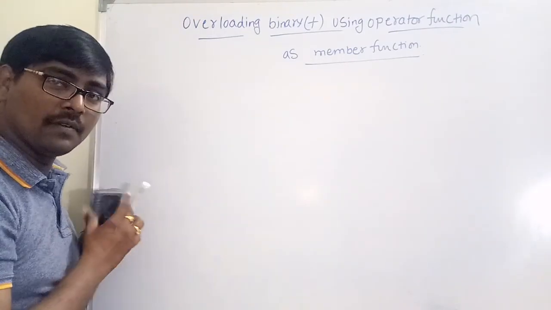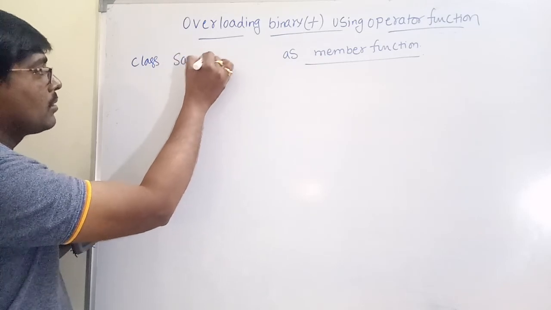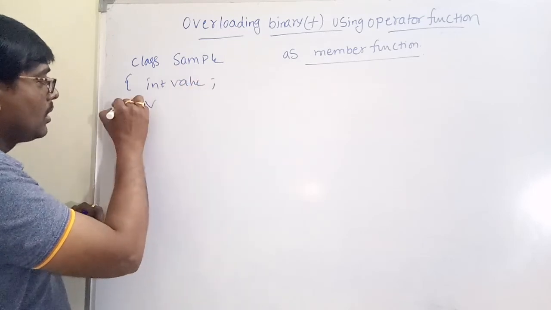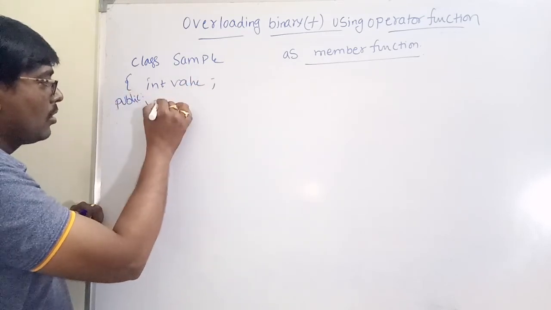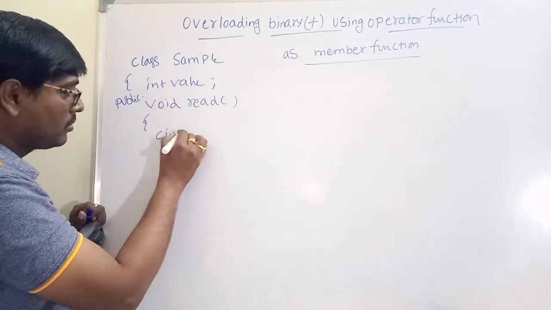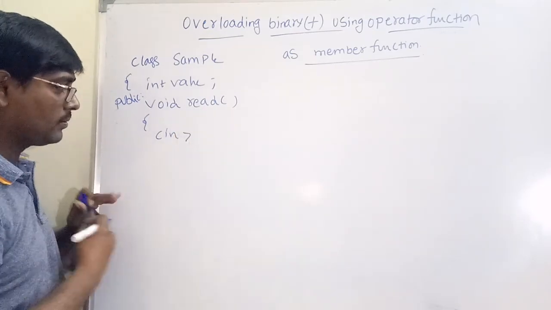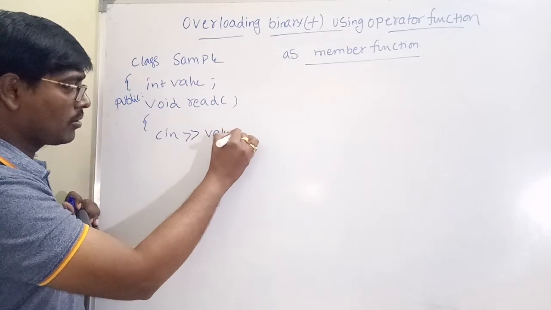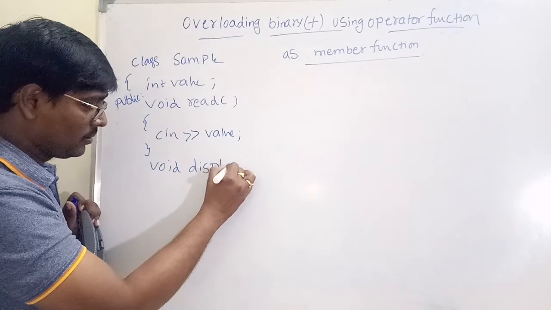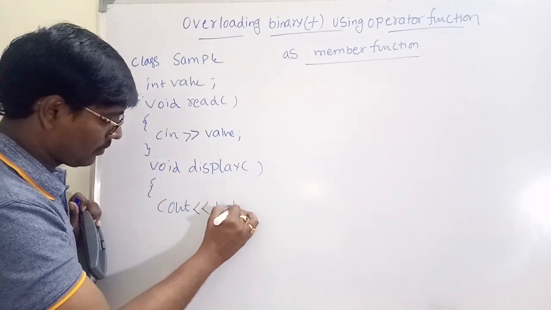So consider the same previous example. Class sample, take one variable, int value, and in the public section, void read, to read the value, and by using the display function, display the value with cout value.